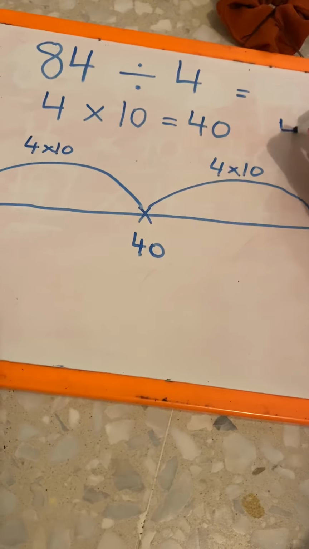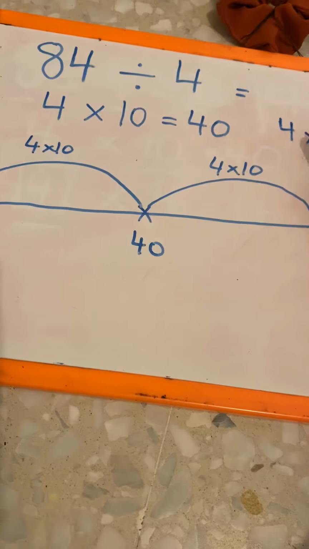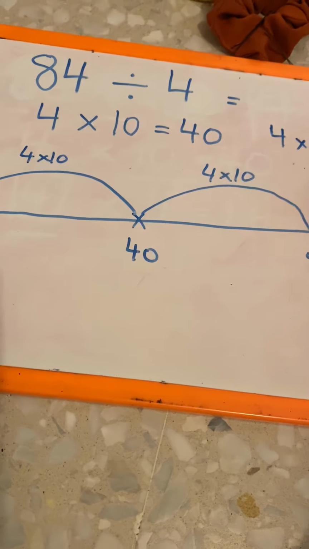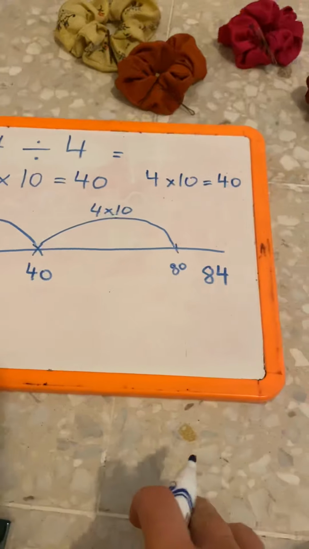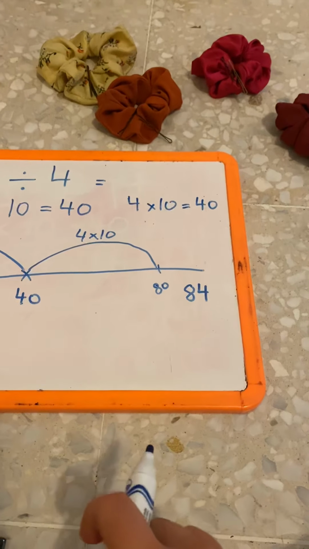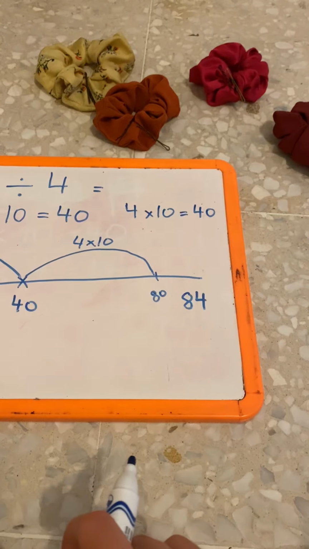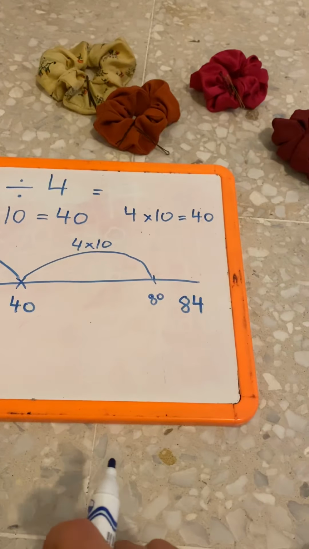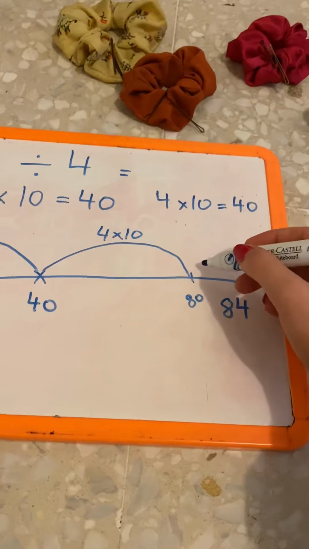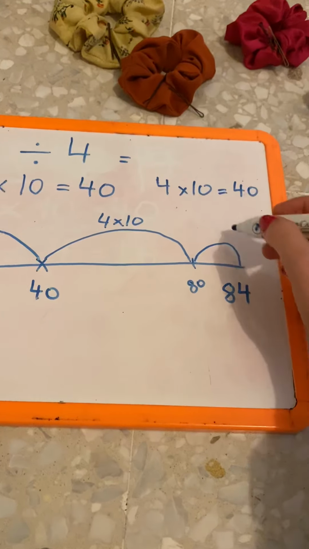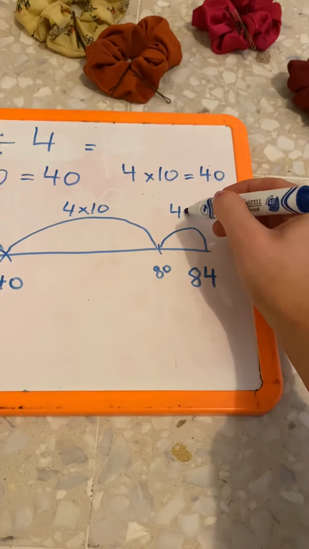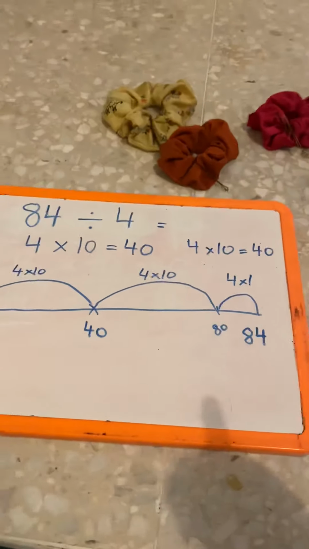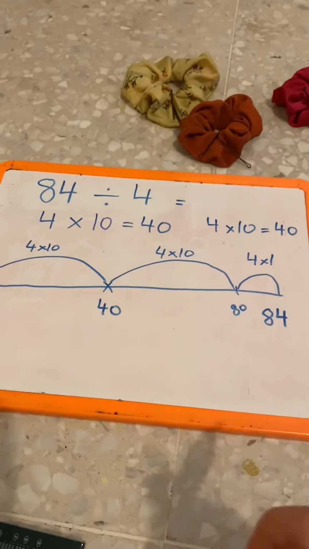So again, we have 4 times 10 equals 40. How many steps then do we need to take to get from 80 to 84? Exactly, just 4 steps. So this is just 4 times 1. We only need 1 set of 4 steps.